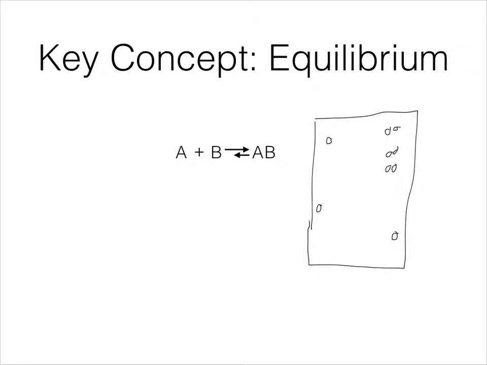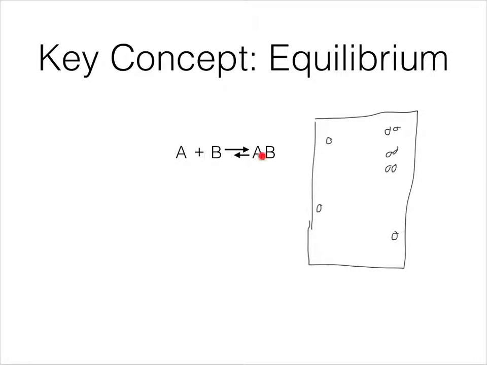Here we have A and B, and A and B can bind to form AB, but you see this arrow? You've got a long arrow going to the right and a short arrow going to the left.